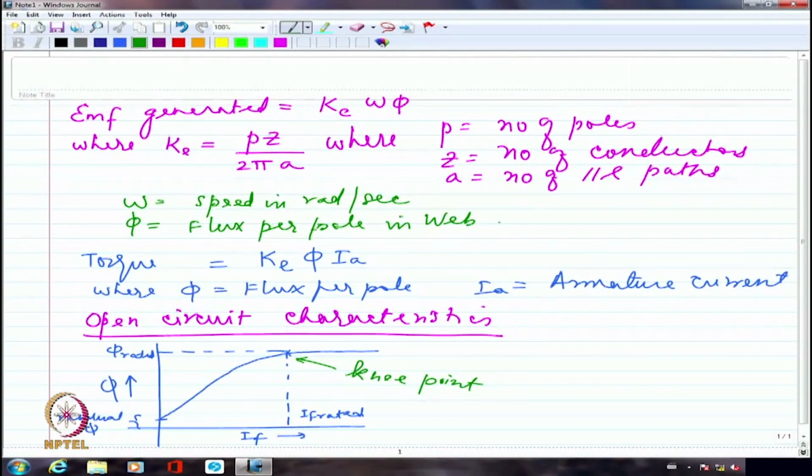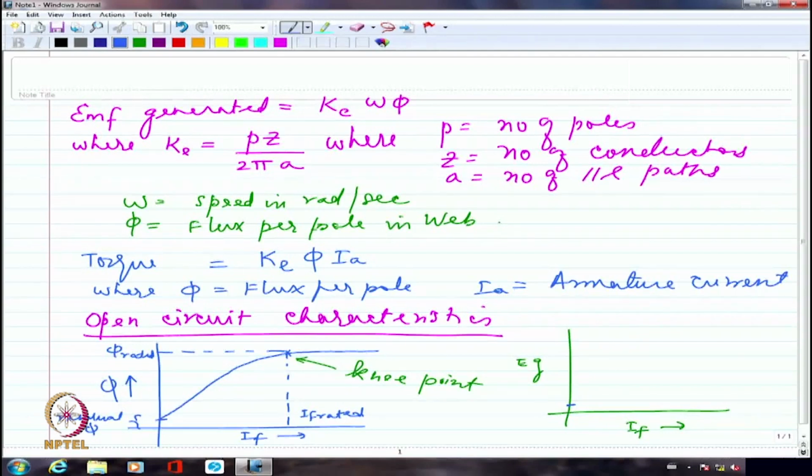So rather than drawing the flux versus field current, if I draw EG versus field current, what is the generated voltage versus field current? I am probably going to get some value of generated voltage even when the field current is 0, because there is some residual flux as long as I have rotation in the armature. So I'm going to rotate it probably at rated speed.